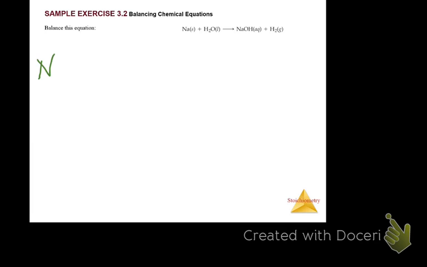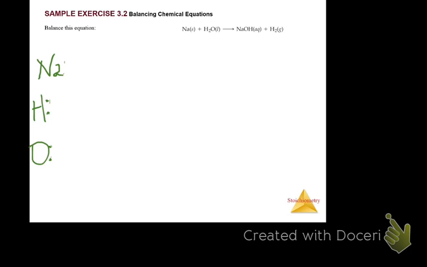One way to do it is you just simply write out Na, H, and O. And I strongly suggest that you put off balancing the oxygens and hydrogens until late. Okay?